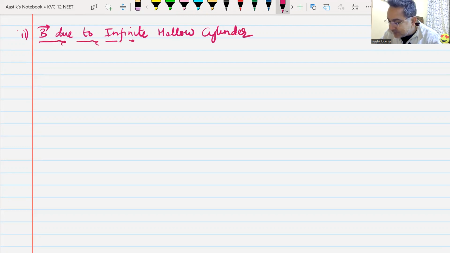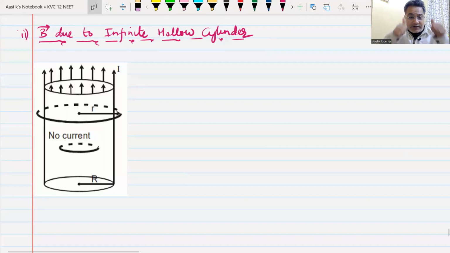The cylinder is infinite, but it is hollow. It is hollow, it means it only has current on its surface. Do we understand this?